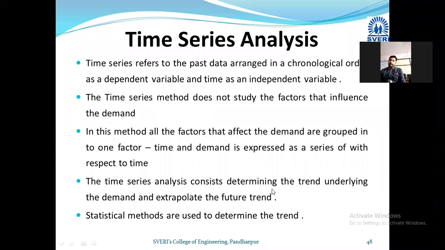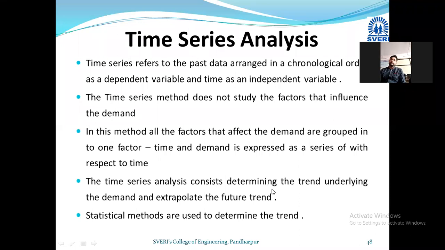First part is trend, second is cyclic fluctuation, third is seasonal variation, and fourth is irregular variation.